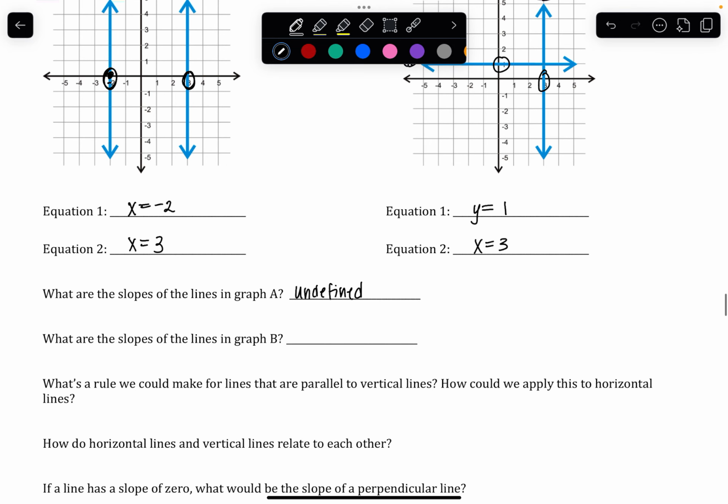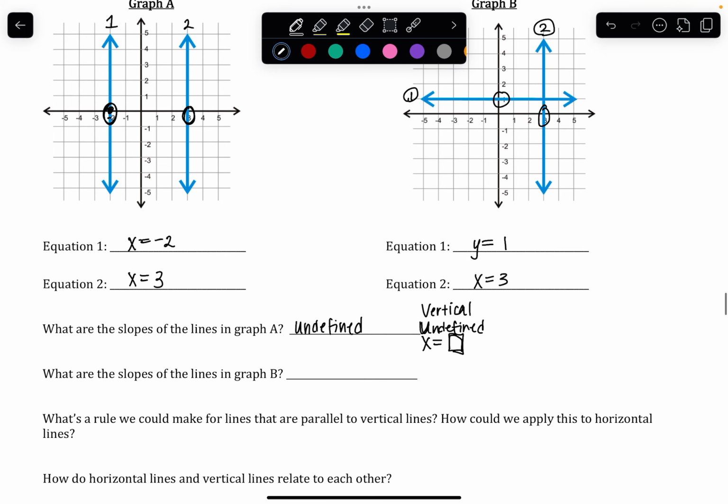Something that helps is an acronym for vertical lines: VUX. Vertical, undefined, and it's an x equals equation, VUX. And then the opposite would be HOI.